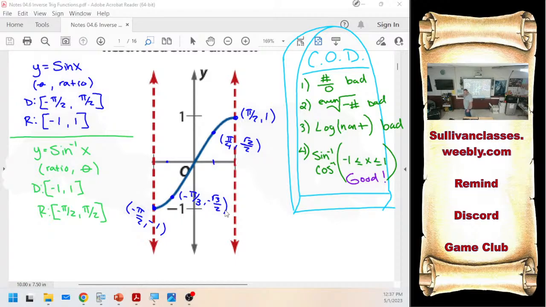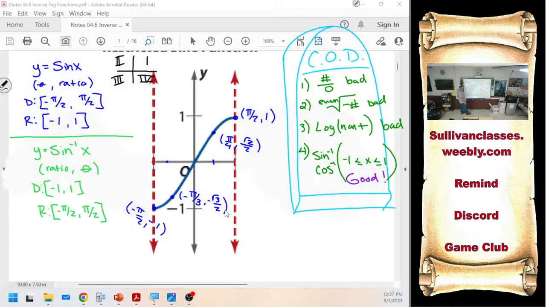What 2 quadrants is that? From negative pi over 2 to pi over 2. Oh, we lost our quadrants. Where's negative pi over 2?